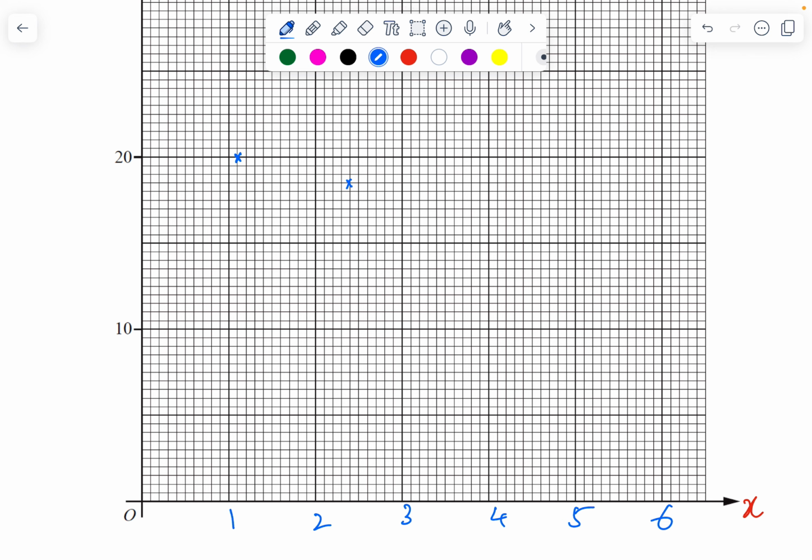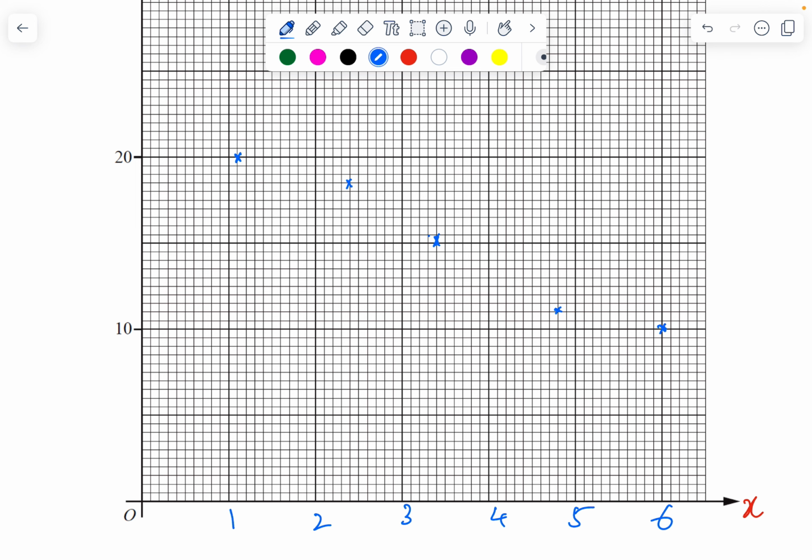Then 3.4 and 15.3, somewhere here. Then 4.8 and 12.1. Then 6 and 10, 6 and 10 is easy actually.